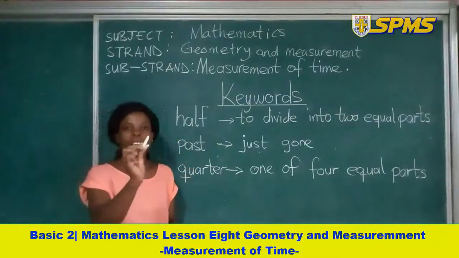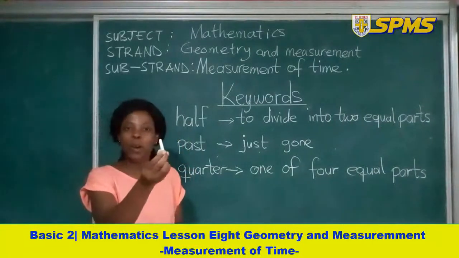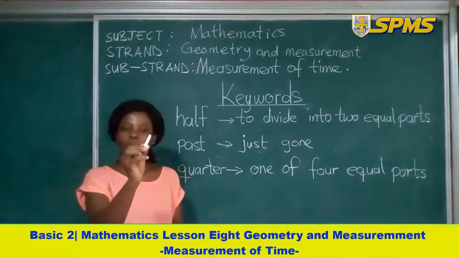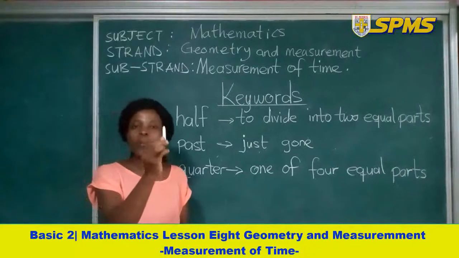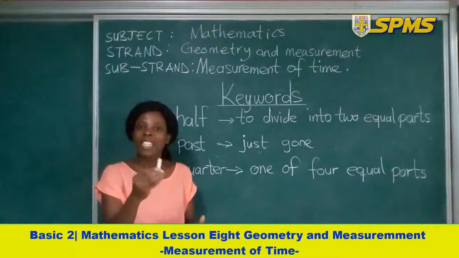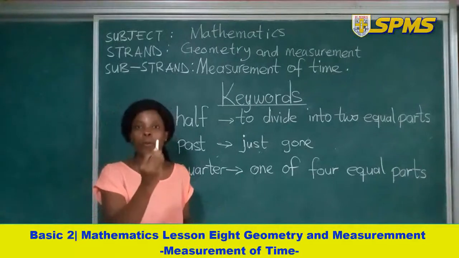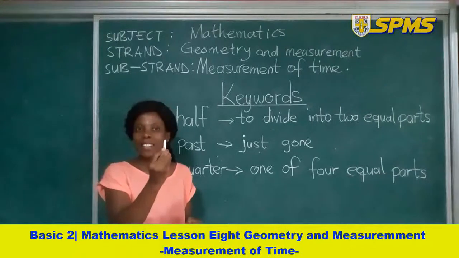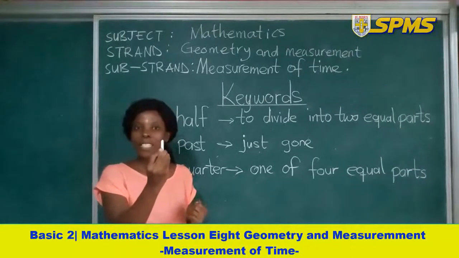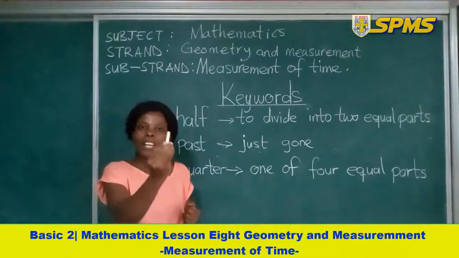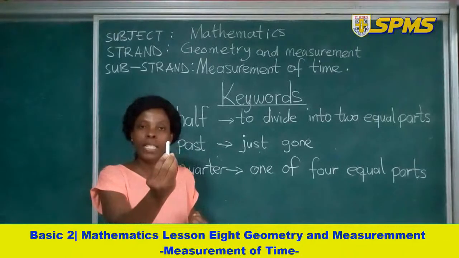I have a chalk in my hand. Is the chalk broken? No. So it is one whole. Anything that is not broken into pieces is one whole. Remember our fraction lesson? Put on those thinking caps. So this chalk is not broken into pieces.